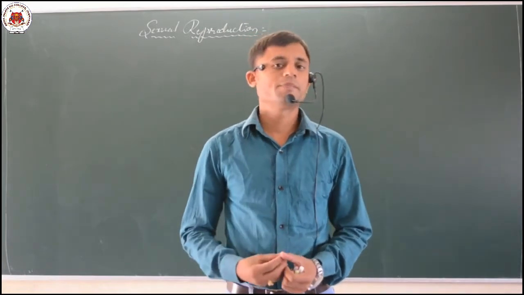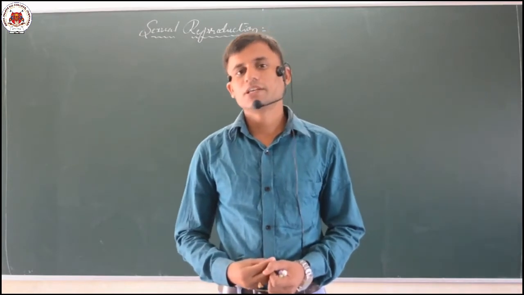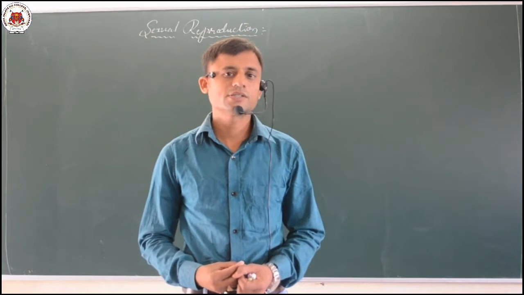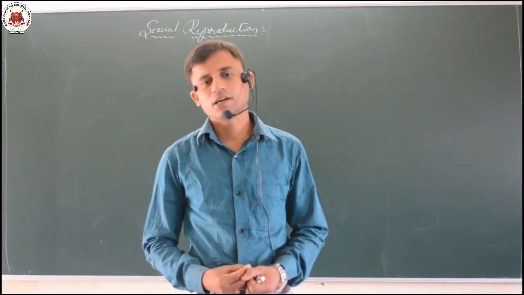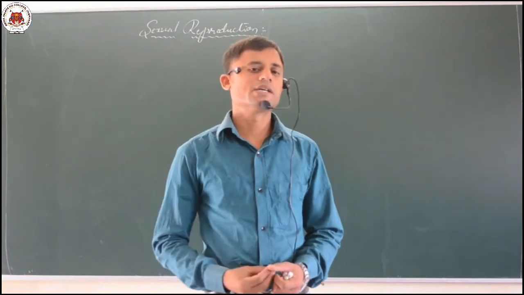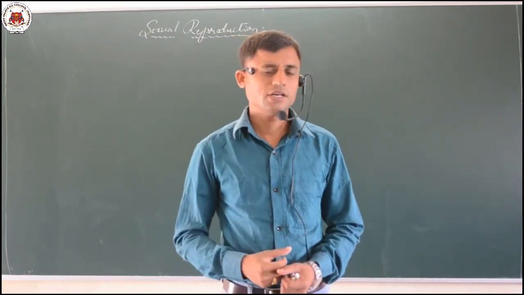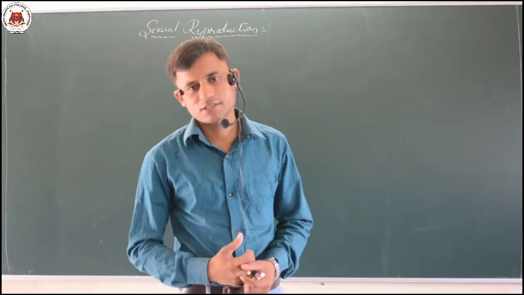At the same time, how vegetative propagation is useful towards horticulture, how it helps horticulture, each and everything about vegetative propagation with its merits and demerits, we have discussed in our previous class.